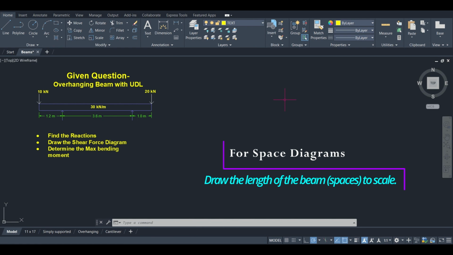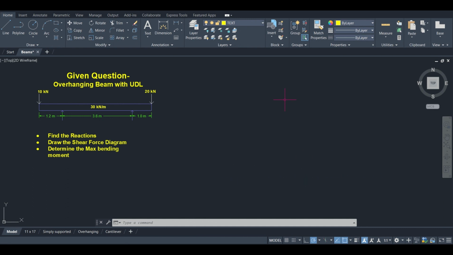Given that this is 1.2, 3.6, and 1.0, I'm going to be using a scale of 10 millimeters to represent 1 meter. So this 1.2 meters would be 12, and all I'm doing is multiplying all the values by 10. So this 3.6 would be 36, and that 1.0 would be 10.